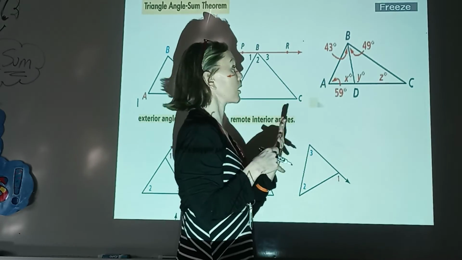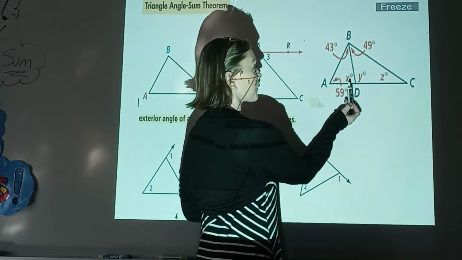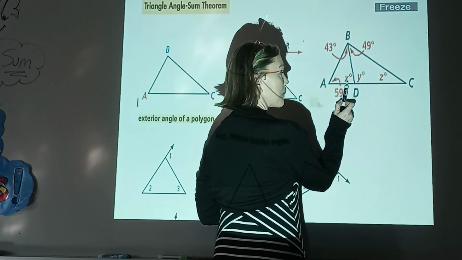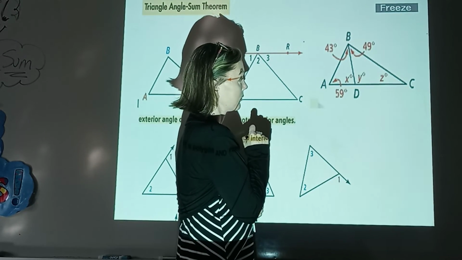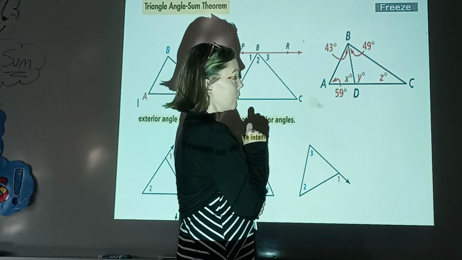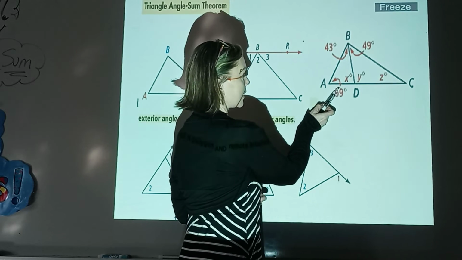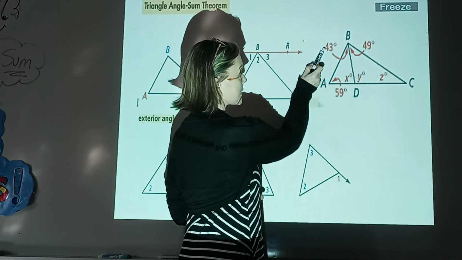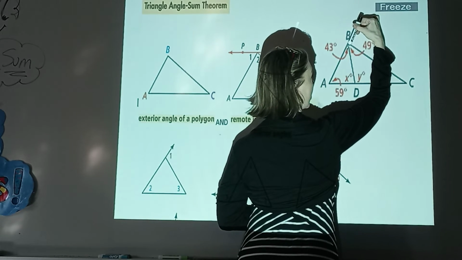Okay? So let's remember that we can see 3 triangles here. But when we're trying to find the measure of angle X, what would be the easiest way to find the measure of angle X? This angle A is labeled 59, right? This angle B right here, this small angle right here, is labeled 43.